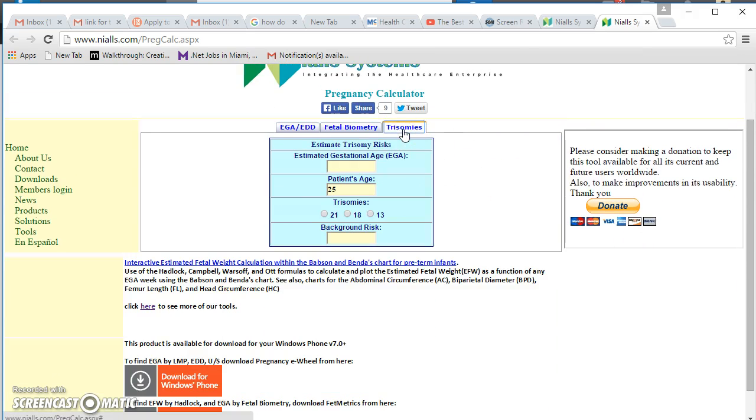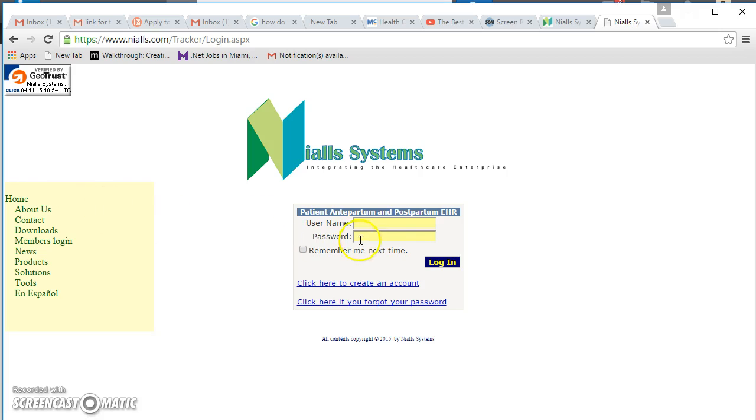And it also computes some of the trisomies that are necessary to find out if a baby comes with some of the trisomy defects. It also contains a way of getting into an electronic health record and following up a patient.